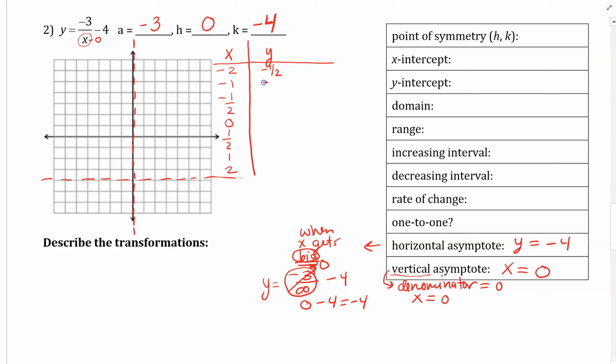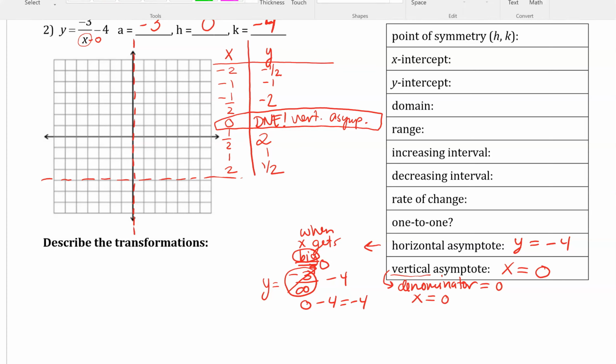I just flip my x's over, and then that's my y. So when x is 1/2, y is 2. When x is 0, y does not exist, right? This is where our vertical asymptote will be. And when x is 1, y is 1. And when x is 2, y is 1/2.